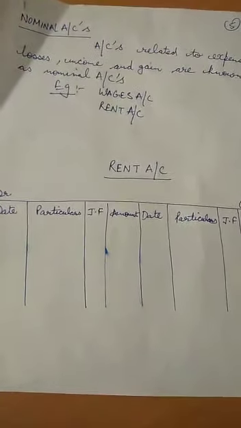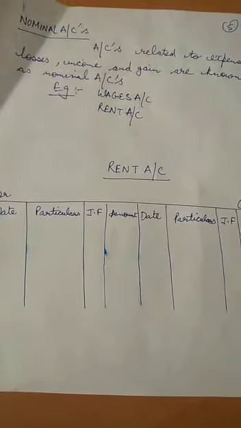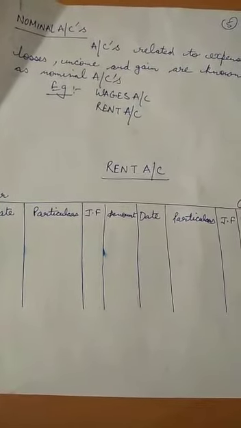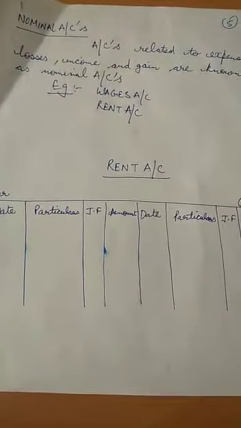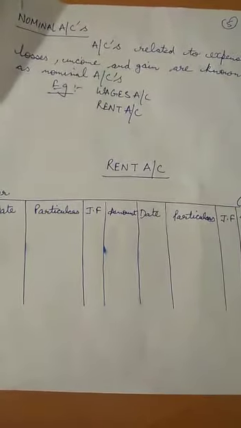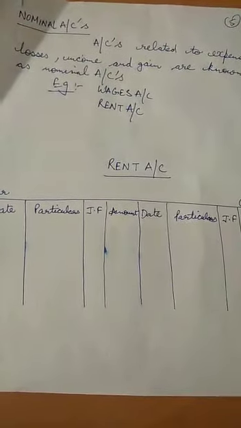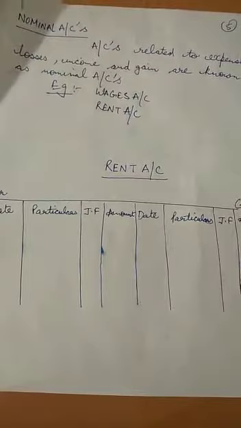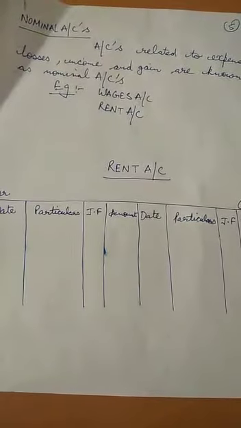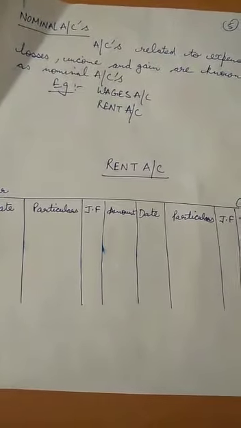When we talk about particulars, children, in this column the cash account is mentioned if the rent is paid or received. If the rent is to be paid or received, the name of the landlord and the tenant is mentioned.